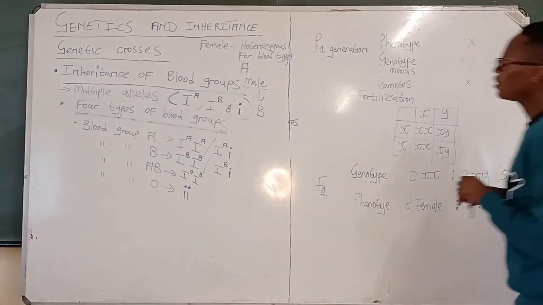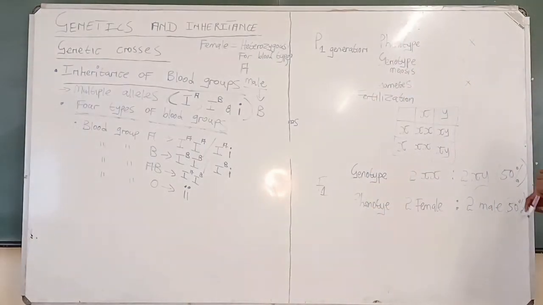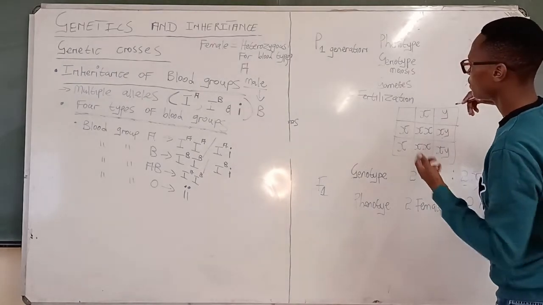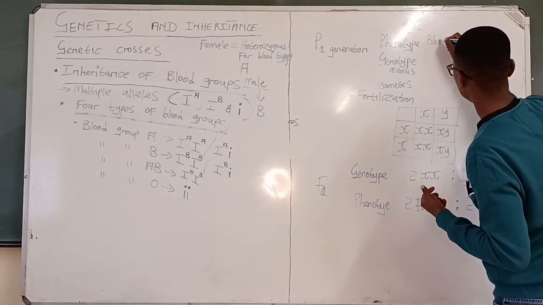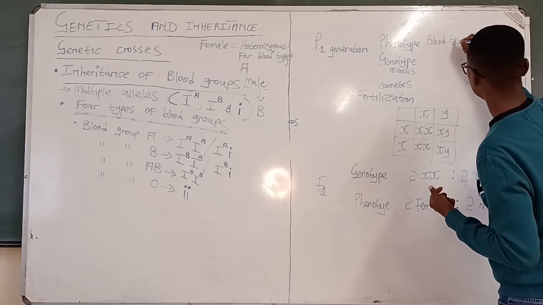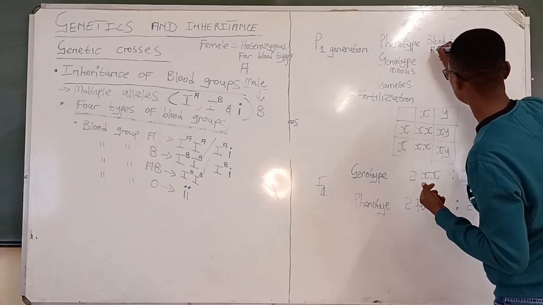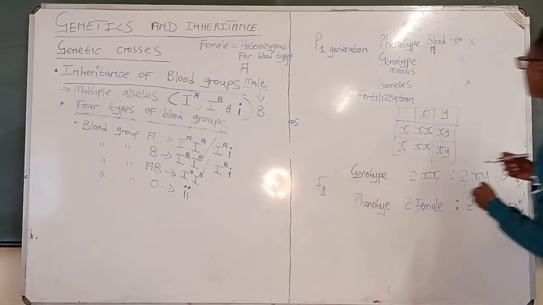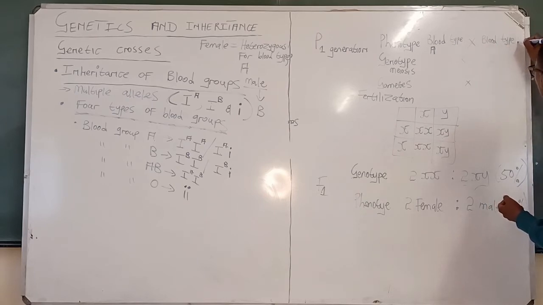So this female who is heterozygous for blood type, the phenotype obviously is going to be blood type A. It's blood type A is crossed with blood type B. But then this one and then also this one, both of them are heterozygous.